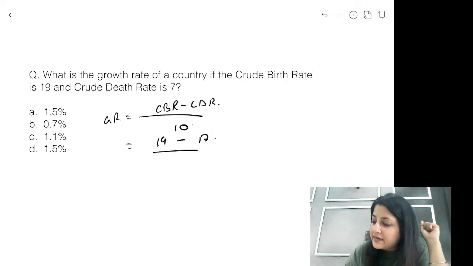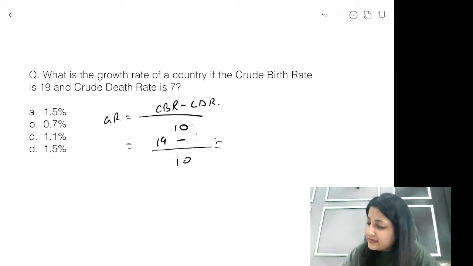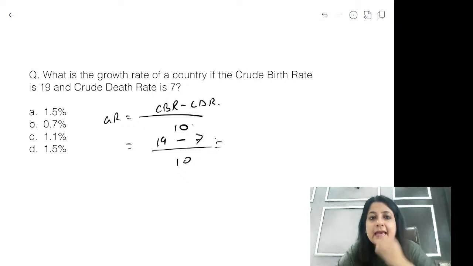So 19 minus 7 by 10. Sorry, I wrote 17, it is 7. Yes, 19 minus 7. So how much is it? Yes, very good.